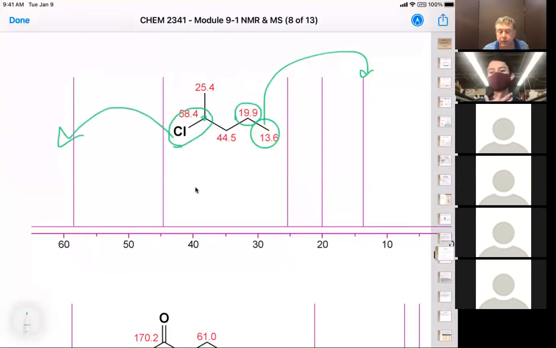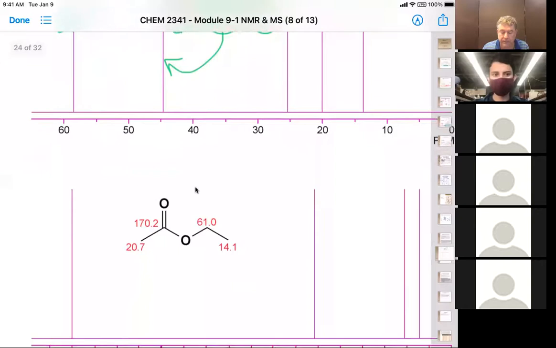They're both one carbon away, but this one has two hydrogens on it, and this one has three hydrogens on it. So from that argument, we can say this one's going to be the lower one, and this one's going to be the higher one. The more hydrogens you have, the closer to zero you are. The closer you are to an electronegative atom, the further downfield you're going to be. So you can predict these things just by looking at what is attached to the individual carbons. And because this molecule is unsymmetrical, each carbon has a unique signal.